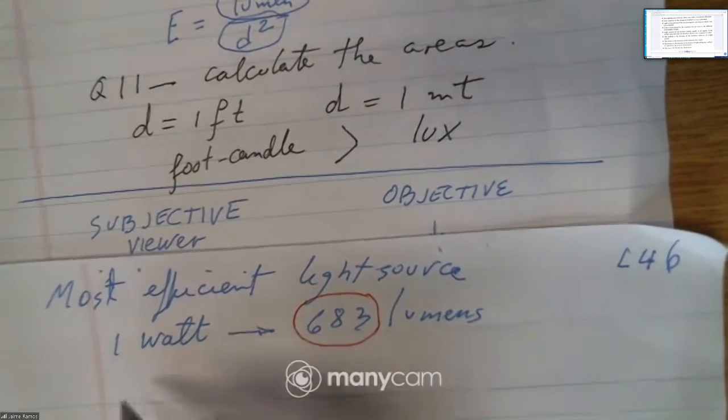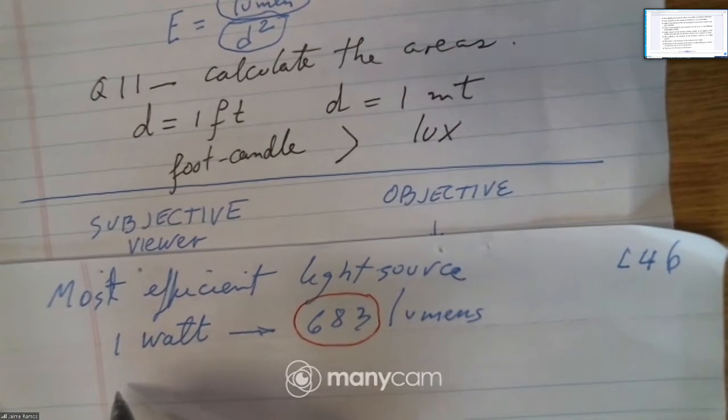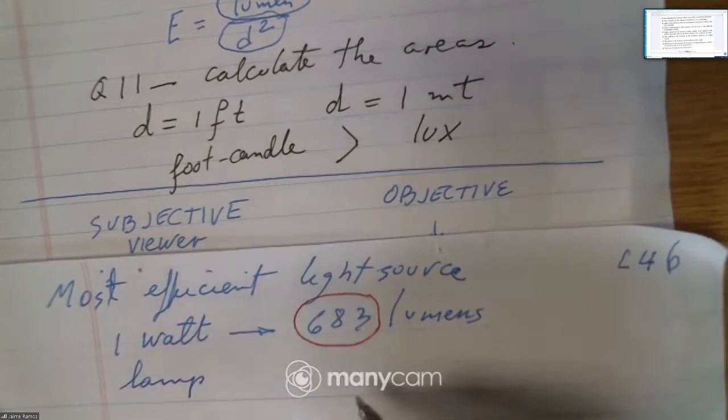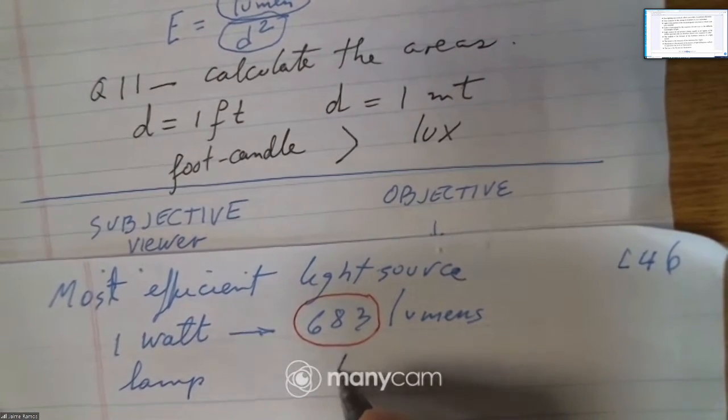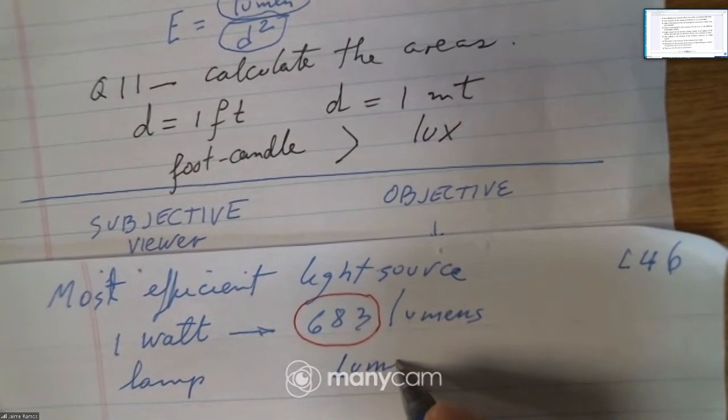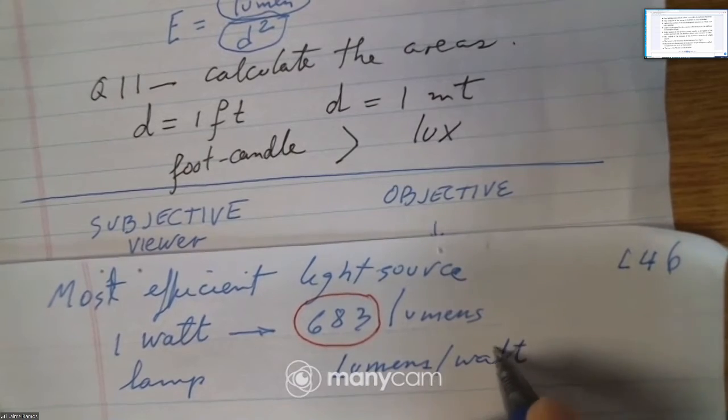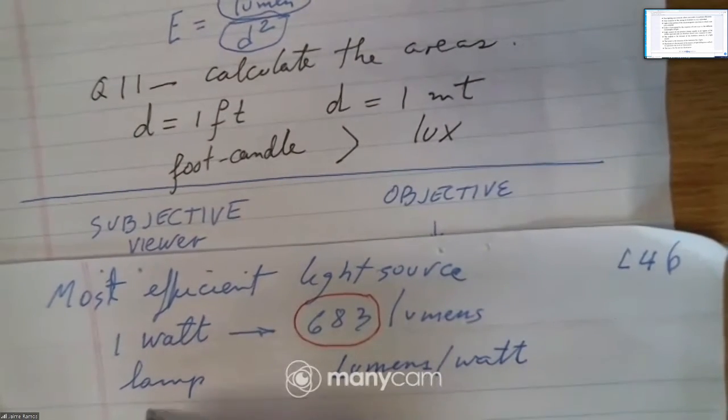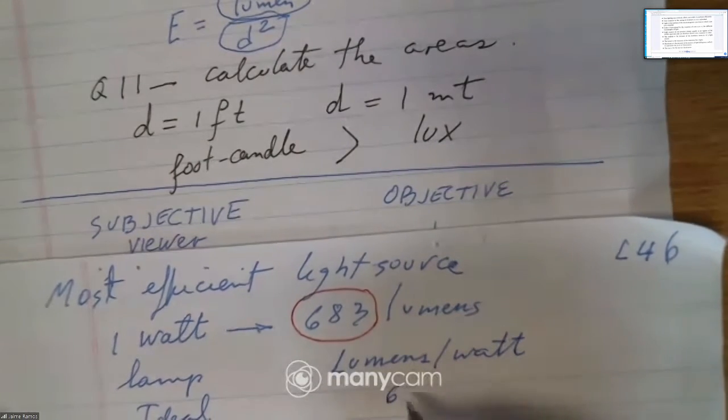Then we'll see next, depending on the lamp, we have this efficiency you were talking about, lumens per watt. Okay, the ideal lamp, 683.